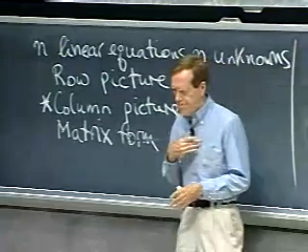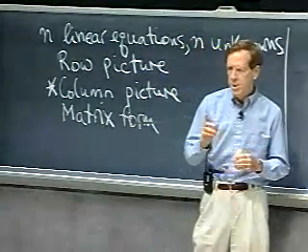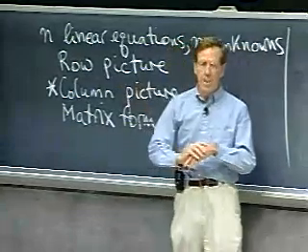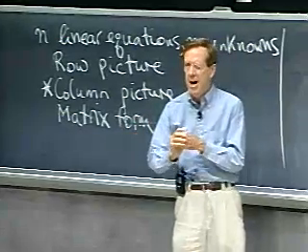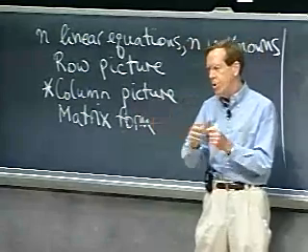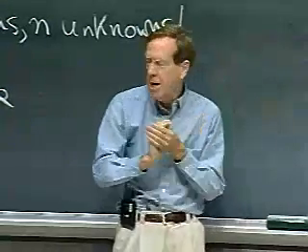And what I want to do, with examples of course, is to describe first what I call the row picture. That's the picture of one equation at a time. It's the picture you've seen before in 2x2 equations where lines meet. So in a minute you'll see lines meeting.